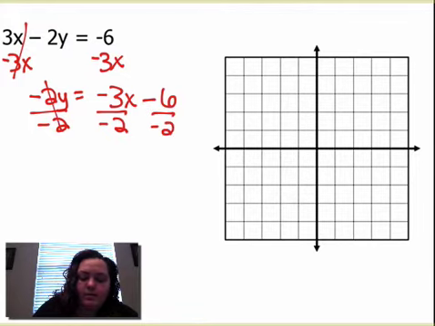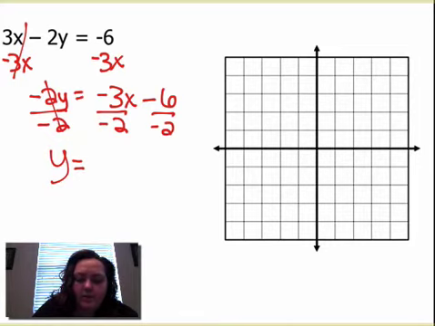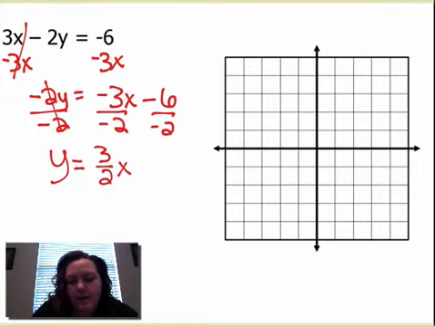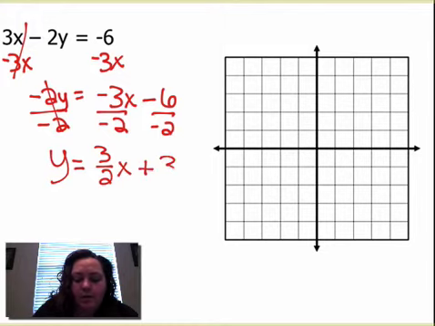All right, so I get y equals negative 3 divided by negative 2. Well, negative over negative makes it positive 3/2 x. Negative 6 divided by negative 2 is going to make it positive, and then 6 divided by 2 is going to make it 3. So it's positive 3/2 x plus 3. So my y-intercept is at 3.